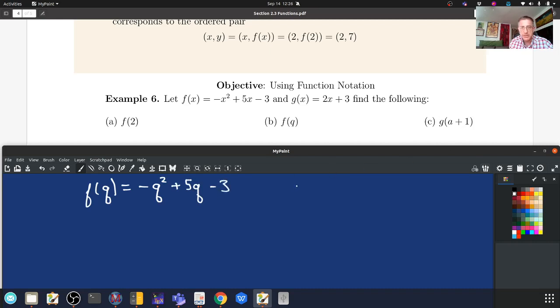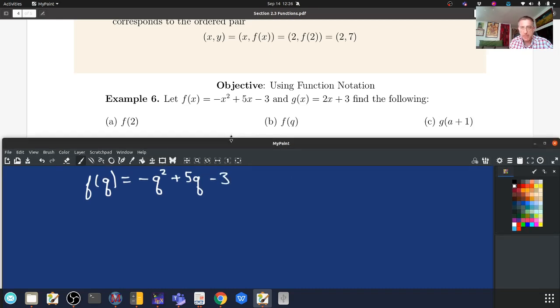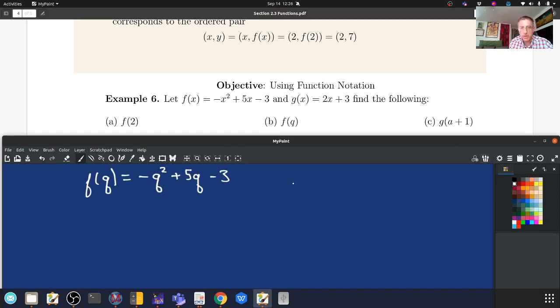Now let's do c, which is g of a plus 1. So g of x is equal to 2x plus 3. We want to find g. Our input value is a plus 1. So again, I replace x with a plus 1. I'm multiplying 2 times x, so I have to put parentheses there, plus 3.